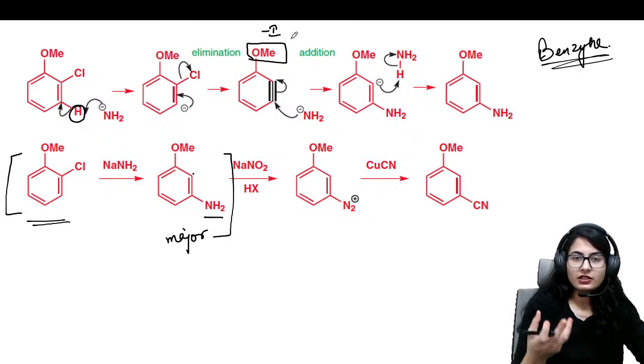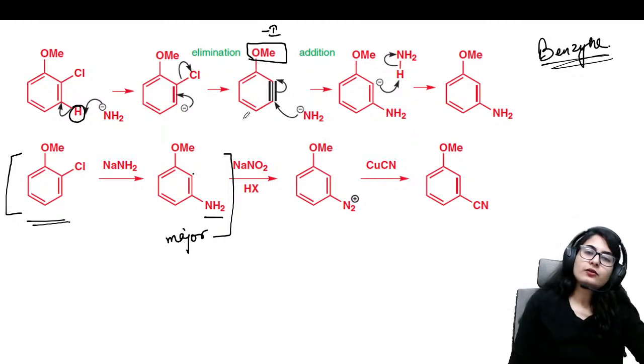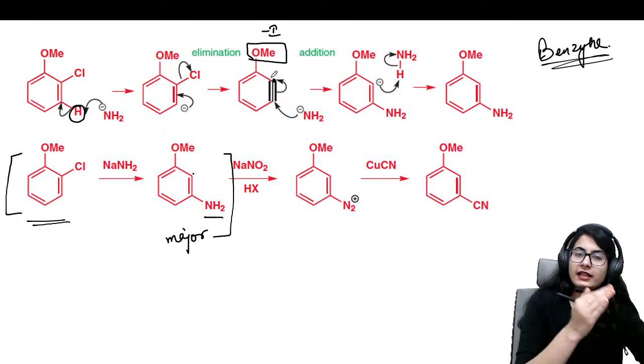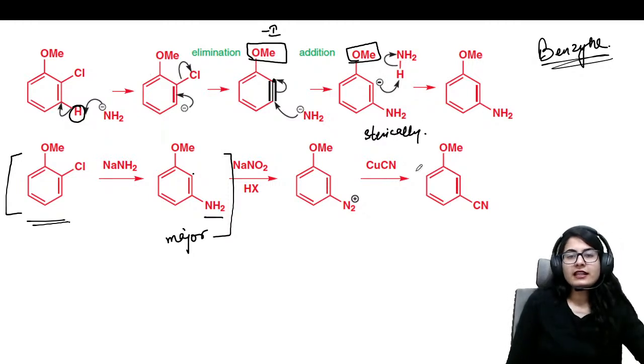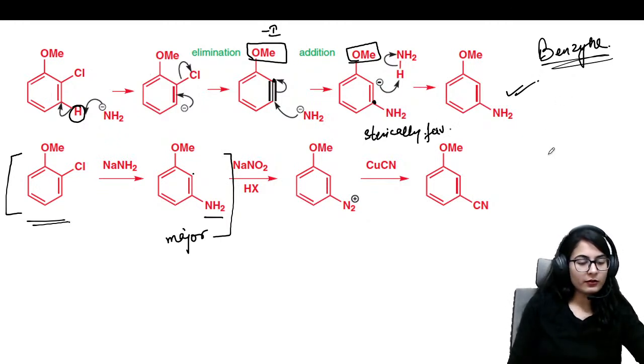Oxygen, that is the methoxy, always shows minus I. It is not going to show the plus R effect because the benzyne carbon is outside the ring, it is not inside. So always for methoxy you will have a minus I effect. Therefore the negative charge must come close to this methoxy, and also this is sterically favored because two big groups are far away. So sterically favored. Which one? The meta product over here, right? So you get the major product from over here.